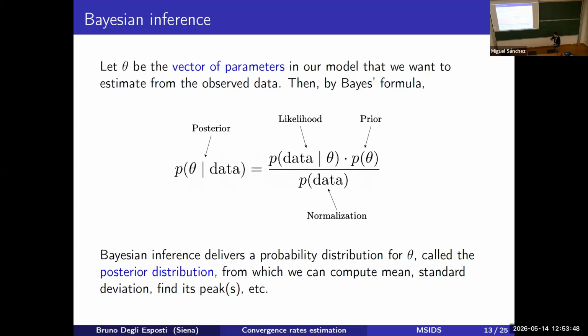Then we look at the data, we update our belief. And the probability distribution on the parameters will shrink around the values which correspond to the convergence order and so on. These are the probability densities of the distributions. Once we have the posterior distribution, we can compute the mean, standard deviation, and so on to get k plus or minus some value.